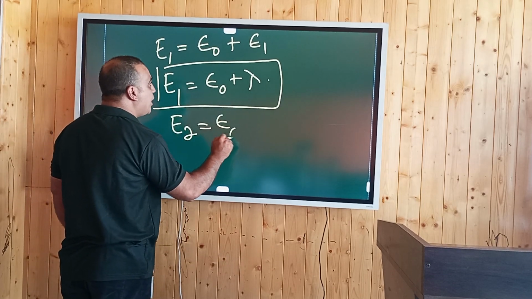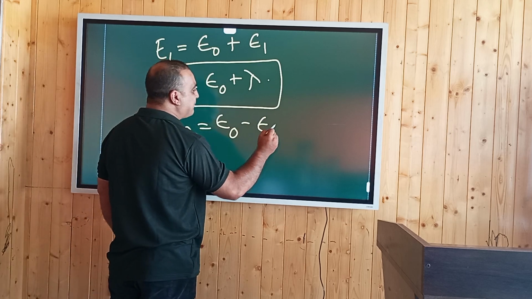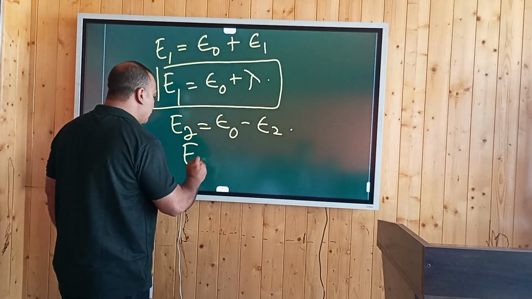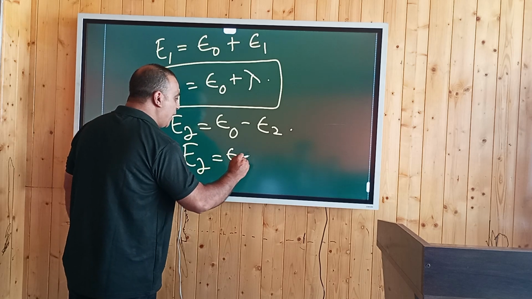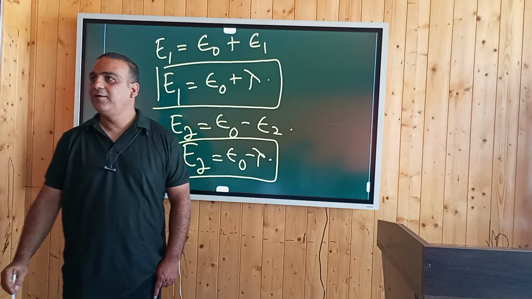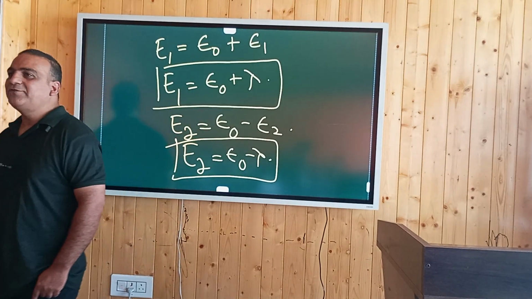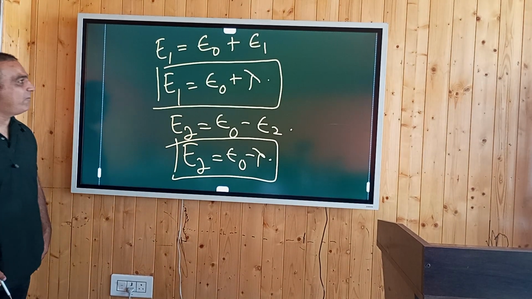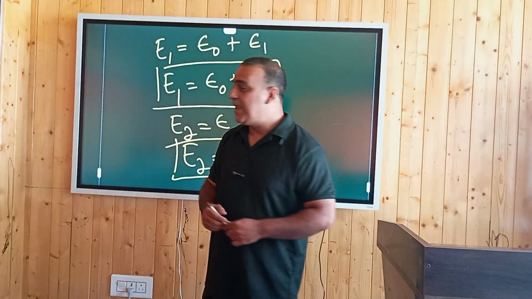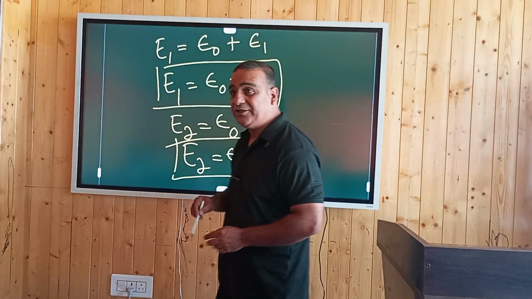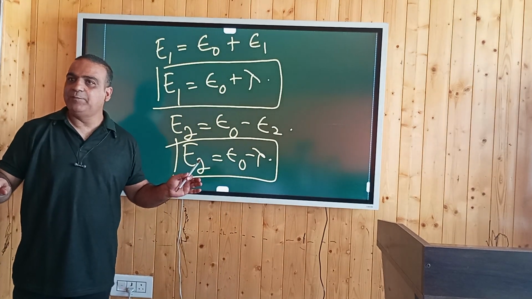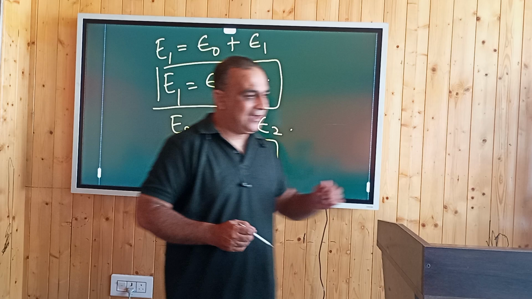That will be E0 plus epsilon 2, so E2 will be E0 minus lambda. Is it clear? So what you have observed is that the degeneracy of your system is lifted, and you have two different values of energy, E1 and E2. Clear? Any problem?